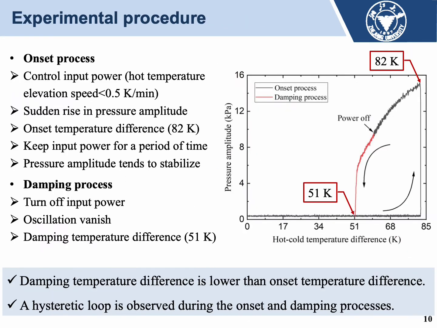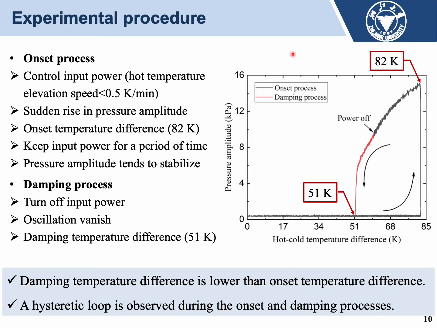To measure the onset and the damping temperature difference, the experimental procedure on onset and damping processes is introduced. During the onset process, the input power to the heater is controlled to maintain the temperature elevation speed at the heater lower than 0.5 Kelvin per minute.